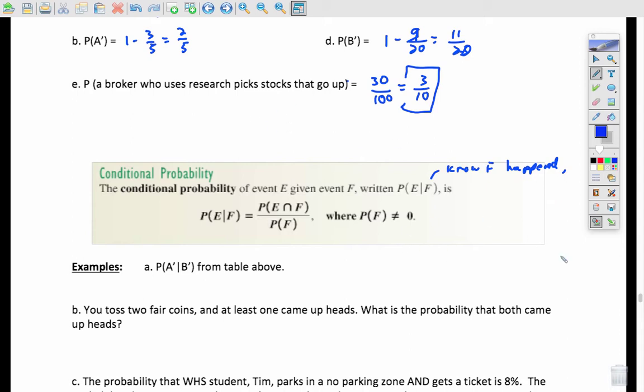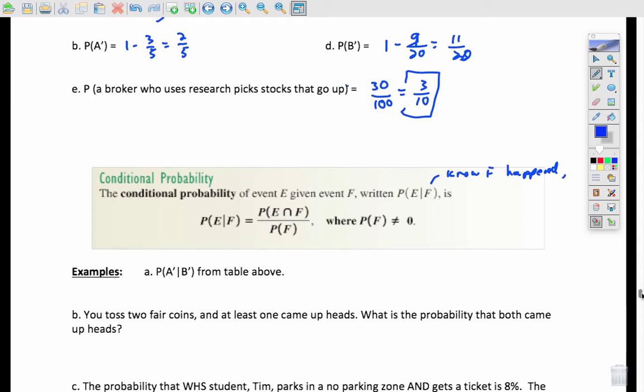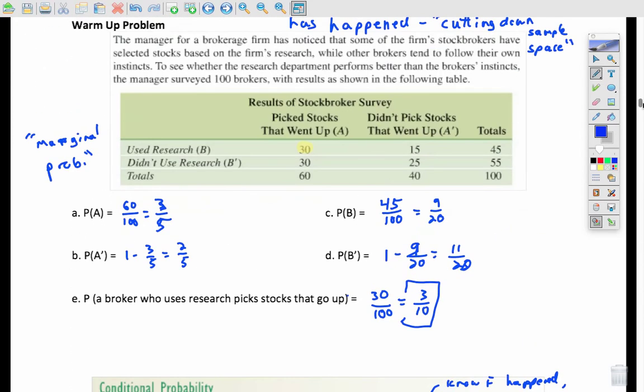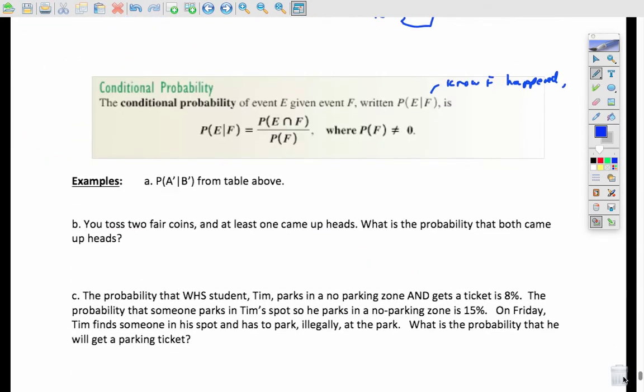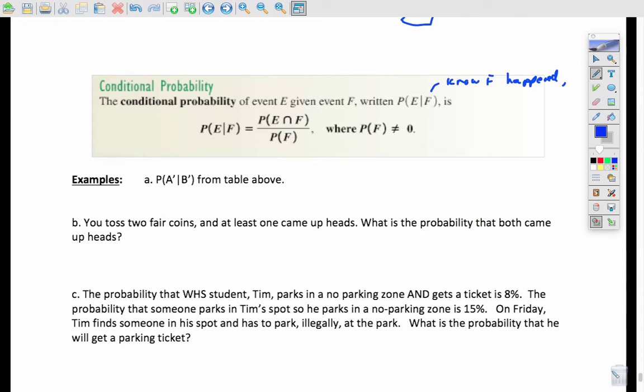I think it's going to make more sense in a moment. If I wanted to find the probability that something occurred knowing something else has happened, I've got to take this into account. So let's go back and do this situation.